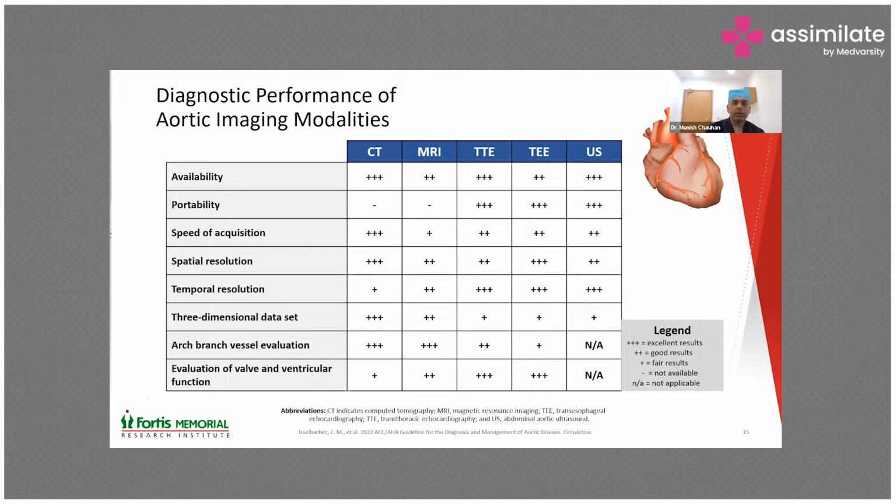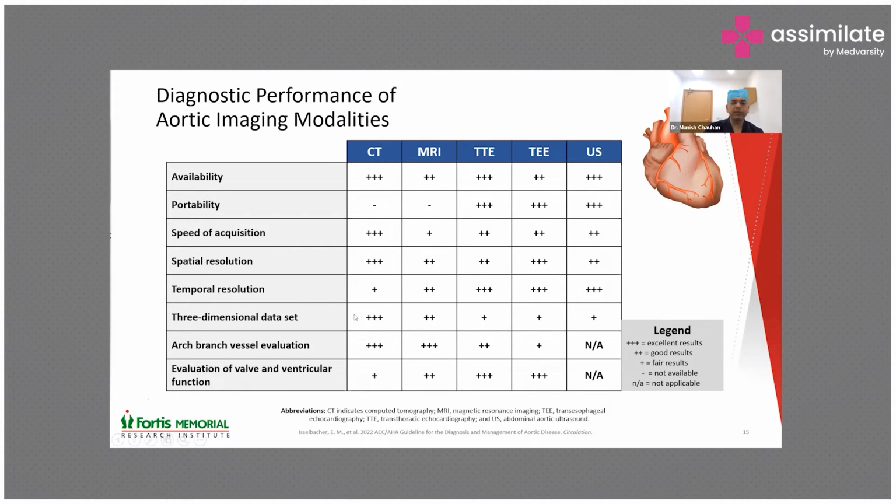Now the question arises which of the modalities are helpful. All of them have their pros and cons. Availability: nowadays everything is available, especially in the metros. Even MRIs are present, but not all of them are portable. So if you need to do anything at the bedside, it's either an ultrasound or a transthoracic or transesophageal echocardiography. CT is the fastest in acquiring an image, followed by transthoracic echo or ultrasound. Resolution of CT and MRI is the best.